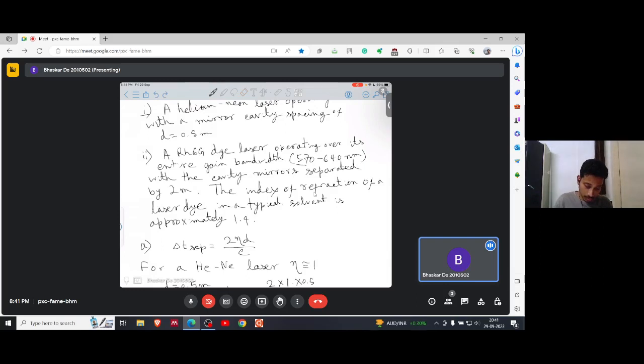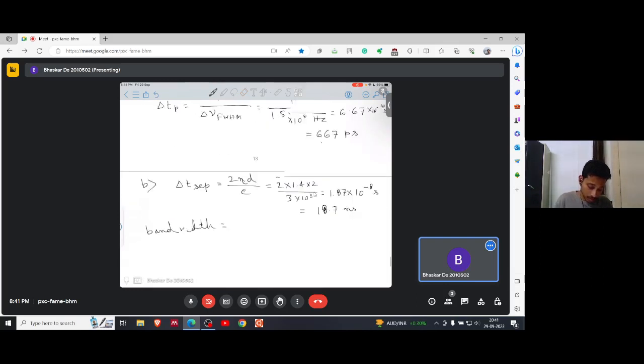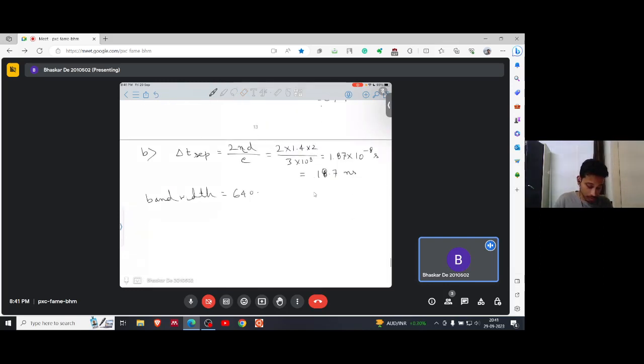So the bandwidth is 570 to 640 nanometer. So 640 minus 570, it is 70 nanometer.